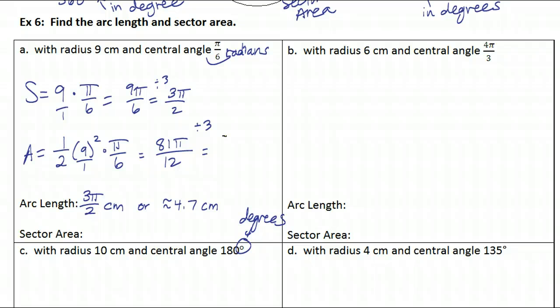Hopefully you knew that. 81 divided by 3 is 27. So on top, 27 pi. 12 divided by 3 on bottom is 4. So 27 pi over 4 centimeters squared. Notice my labels: length is centimeters and area is centimeters squared. And if I type that into my calculator, I get approximately 21.2 centimeters squared.